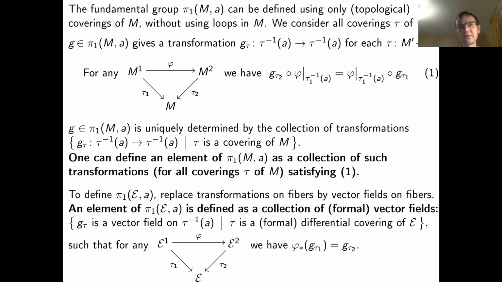But in order to give the precise definition, I add the word formal, which roughly speaking means the following. We consider not only small differential coverings, but also so-called formal differential coverings, which roughly speaking means that we replace analytic functions by formal power series.